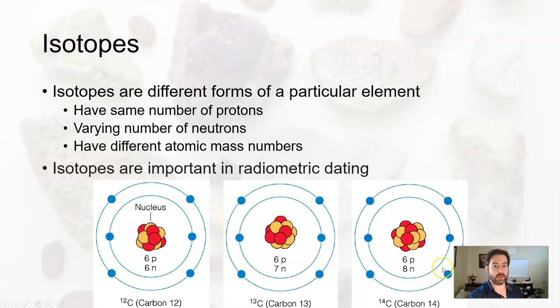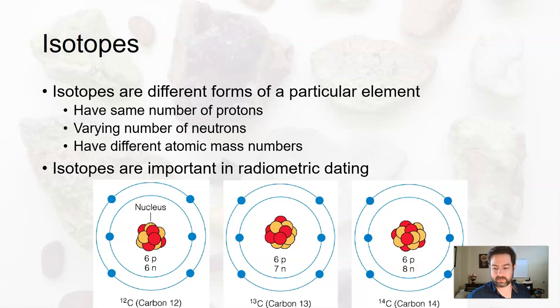Okay, so why is this important? Why am I bringing this up? This is the last thing I'll say about this: isotopes are important in radiometric dating. I mentioned it a little bit in the past unit, the reason we know ages of certain things. The reason we can figure out the ages of rocks and fossils and other ancient organic material is through a process called radiocarbon dating.